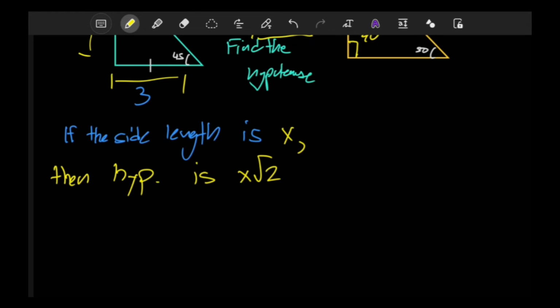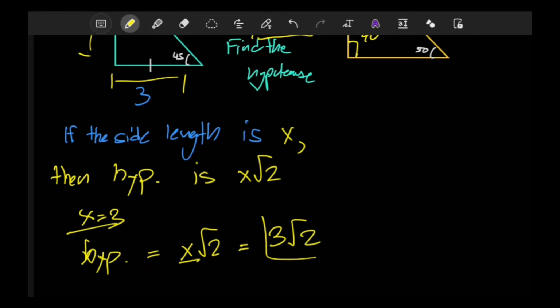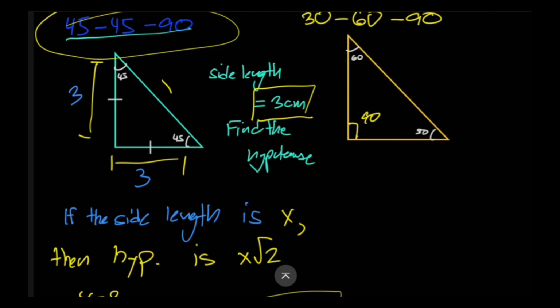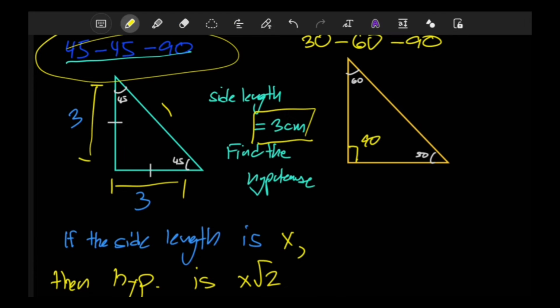So let x be 3. So therefore our hypotenuse is x times the square root of 2, and we know x is 3, so therefore our hypotenuse is 3 times the square root of 2. Oh, it's easy, right? It's that simple. Okay, next problem. Let us erase this.